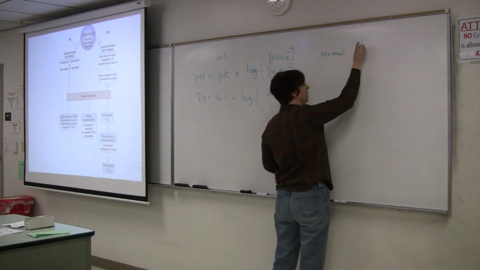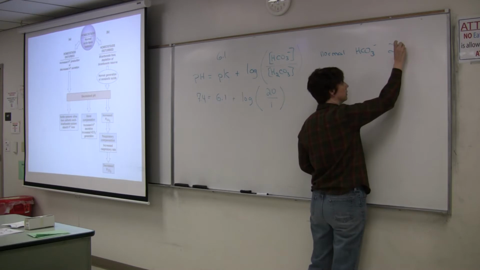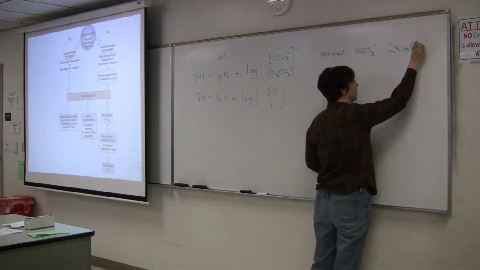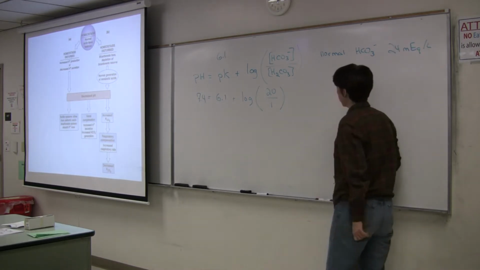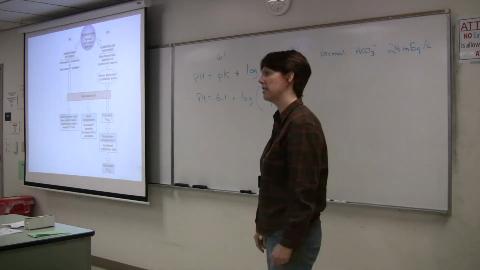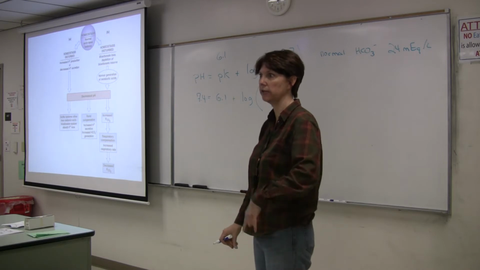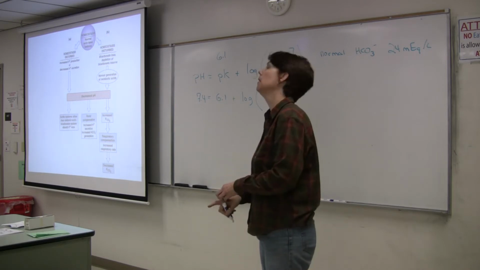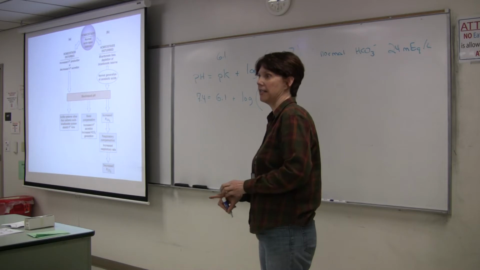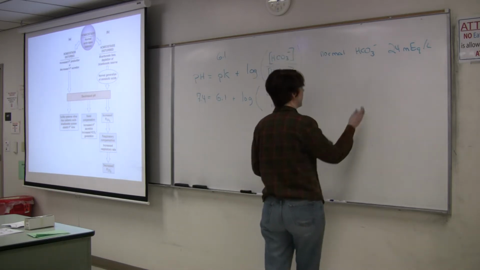Normal values for bicarb are 24 milliequivalents per liter. Carbonic acid is a little harder to measure. So what we use when we're looking at patients is not the carbonic acid levels, but their carbon dioxide pressure, the tension, the pCO2.